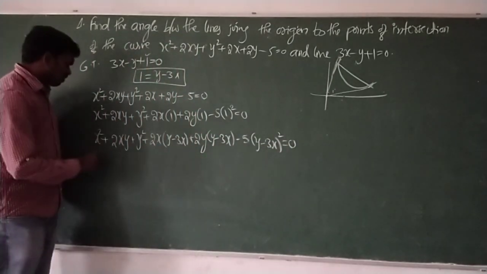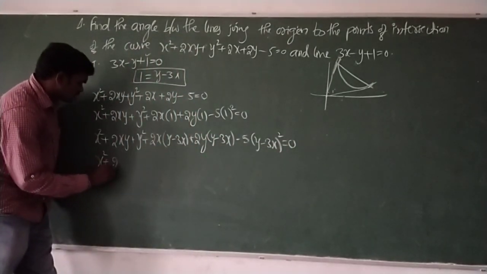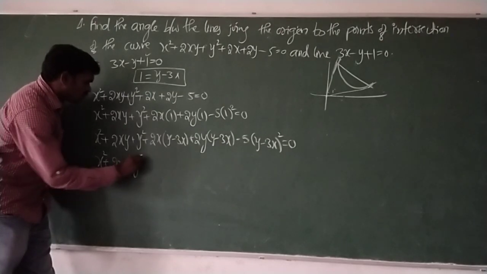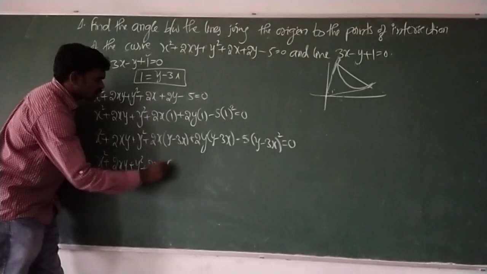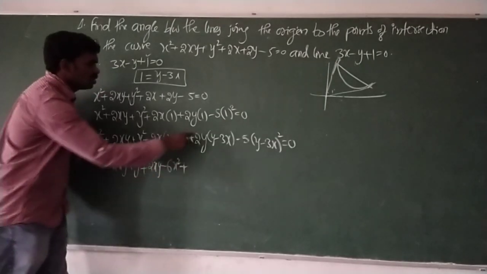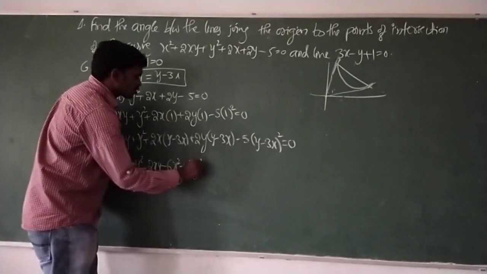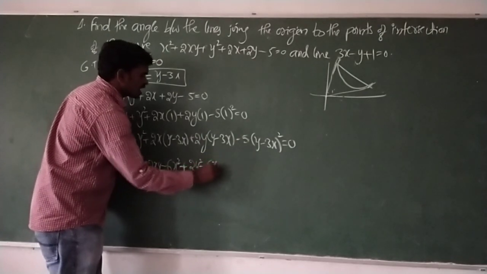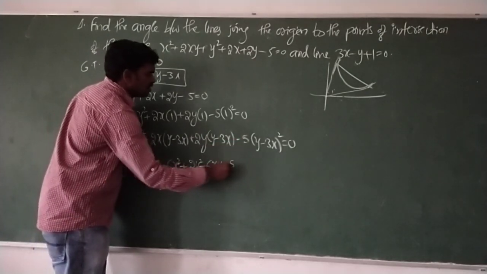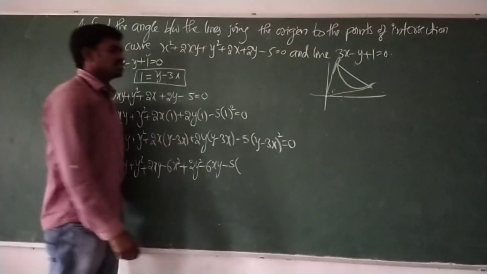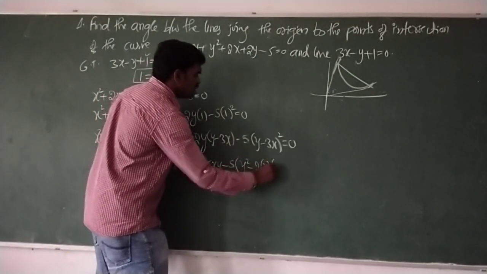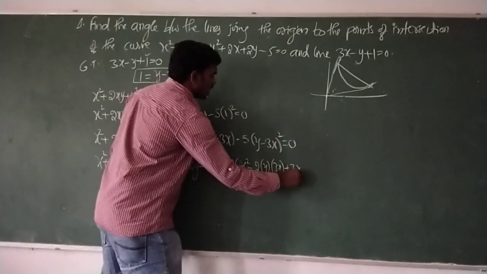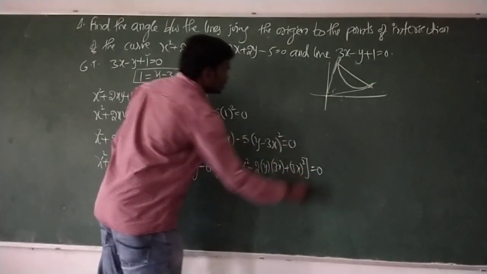Now simplify. x square plus 2xy plus y square plus 2x into y is 2xy, 2x into minus 3x is minus 6x square, plus 2y into y is 2y square, 2y into minus 3x is minus 6xy, minus 5 into (see, a minus b whole square formation, it becomes a square minus 2ab plus b square) equal to 0.